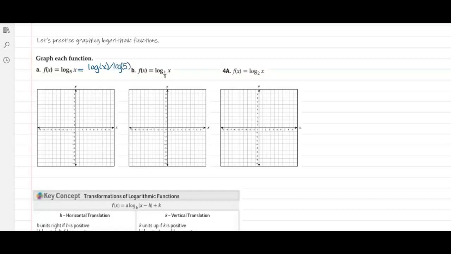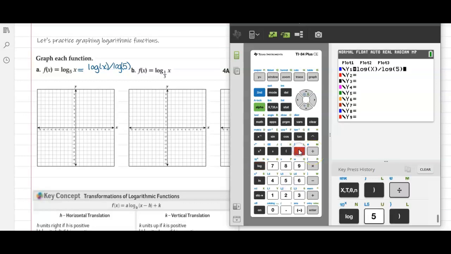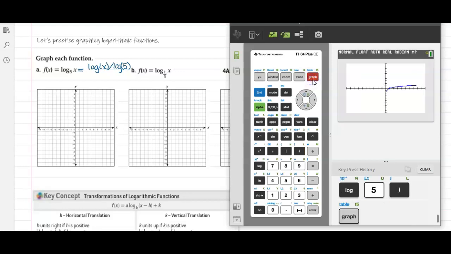That's the only notation we can use to get the calculator to use a base of 5. So we're going to type the log, which is next to the 7, of x divided by the log of 5, close parentheses.